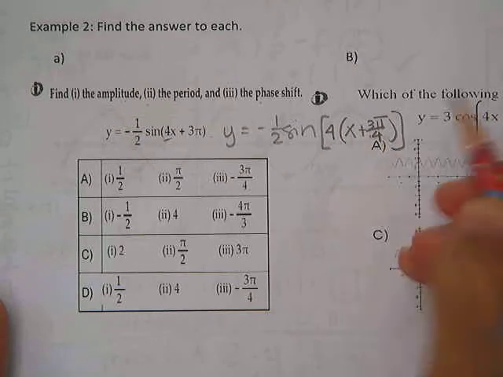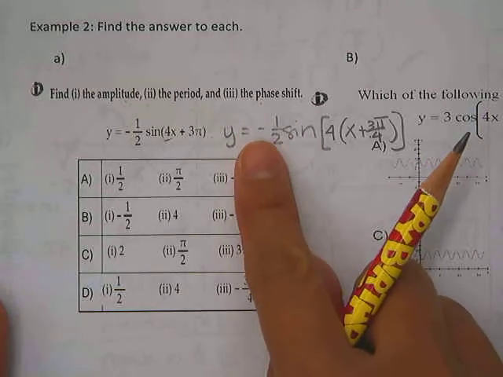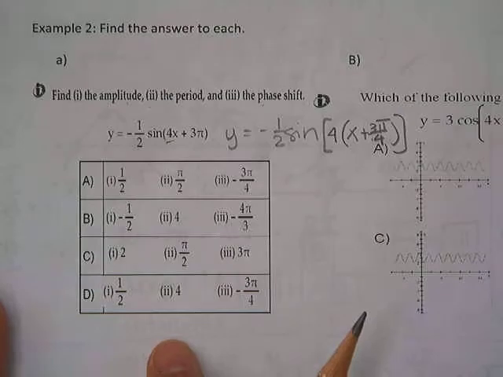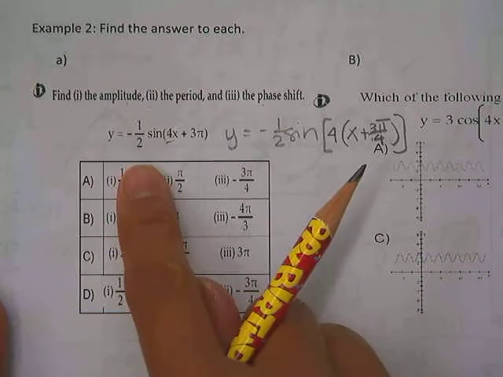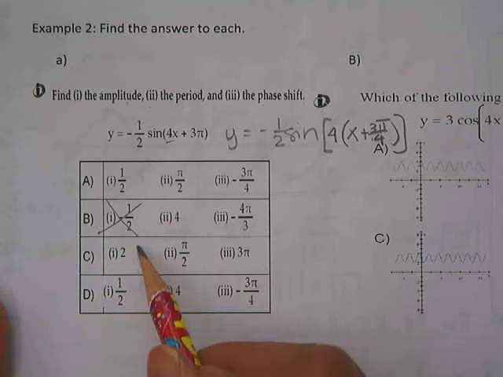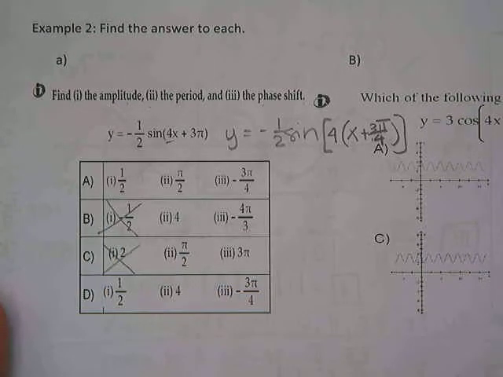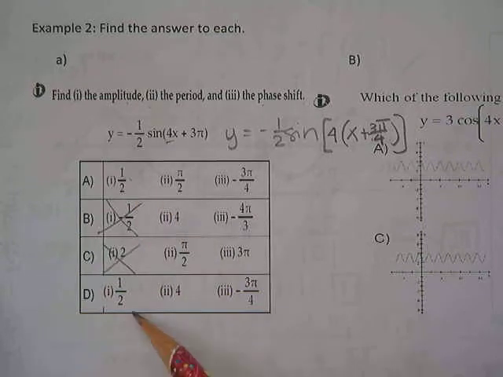This is what we get if you factor it out. The amplitude is this first piece, the absolute value of A, so the amplitude is 1/2. If I look at my choices A, B, C, D, they all have 1/2 or -1/2. Oh, that's not right, cross out B. Oh, 2, no, that's not right. So right now, your 2 correct choices can either be A or D.